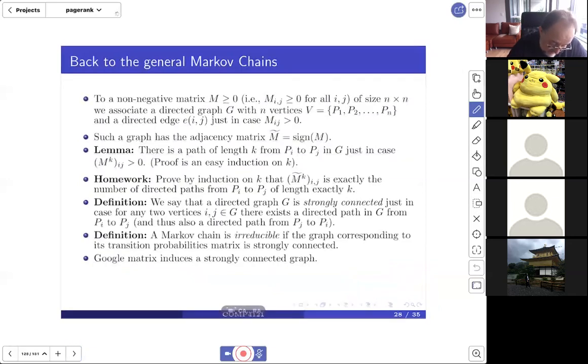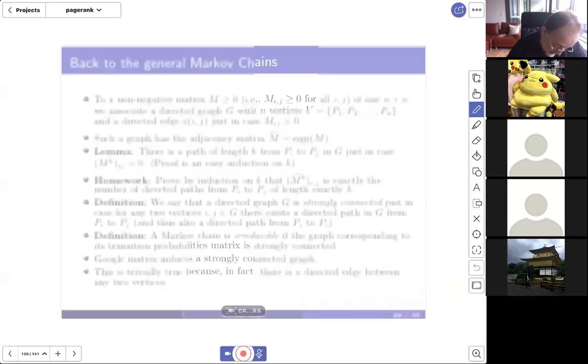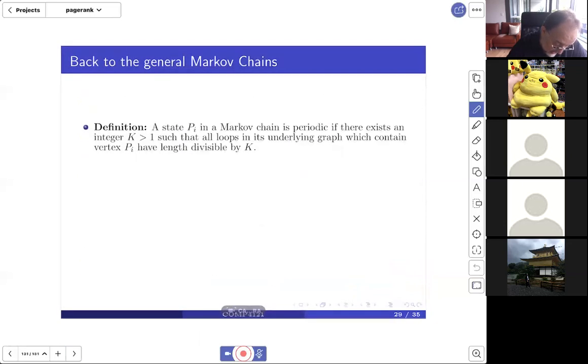Okay, now we have another property of Markov chains, namely, if you look at the corresponding graph, these are the states.